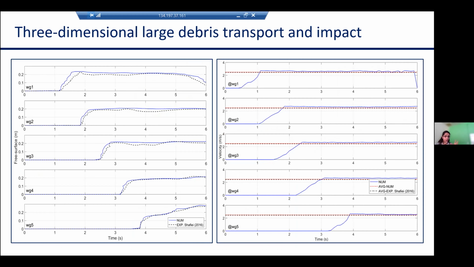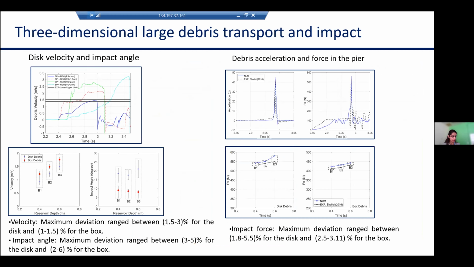And in terms of the free surface and fluid particle velocities, our numerical results gave a good match with the experimental one.